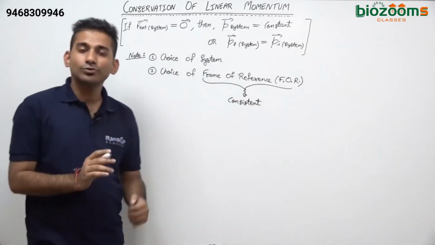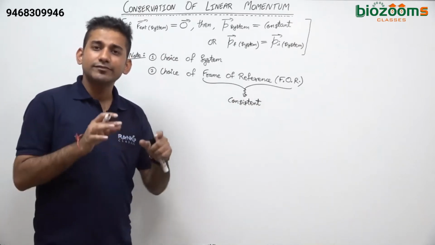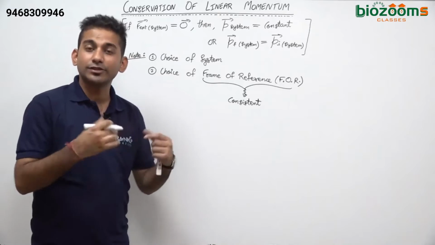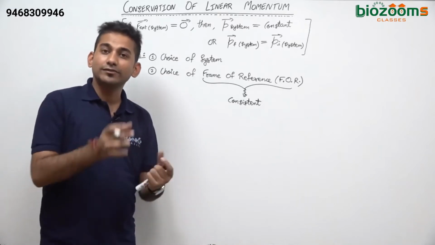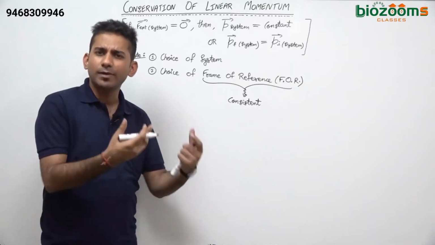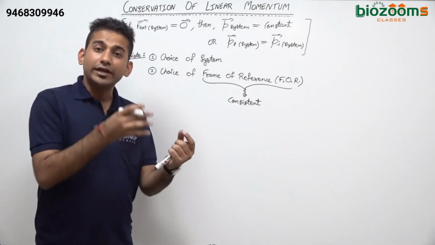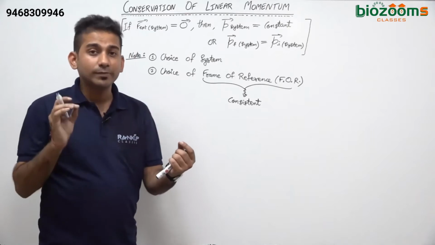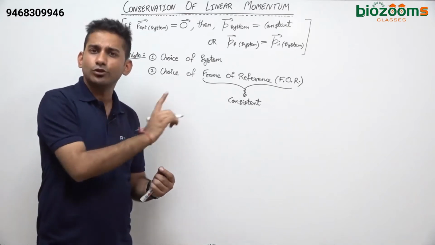Not only this, not only the case of initial and final. See, whenever you are talking about a particular system, we already know that a given system will comprise many small bodies or parts, right? So while writing the momentum of the system, we must write the momentum of the individual objects.